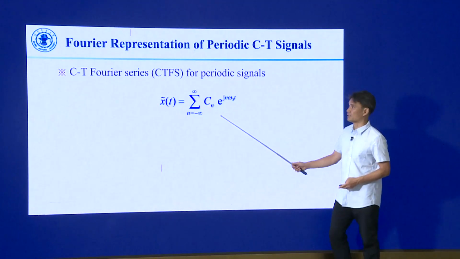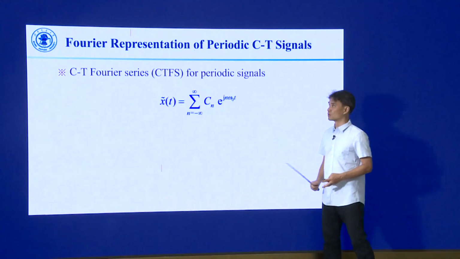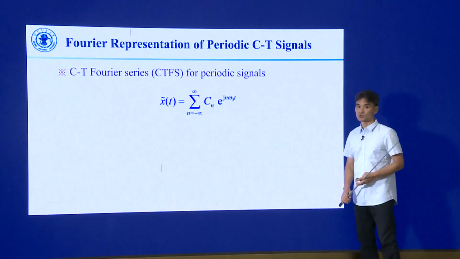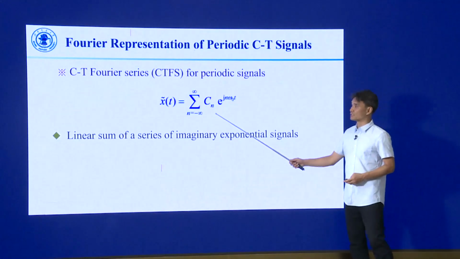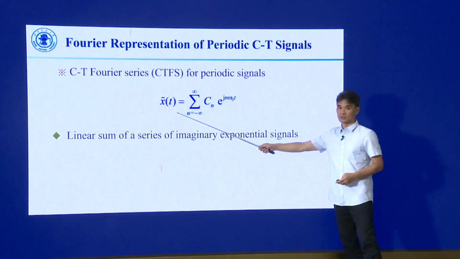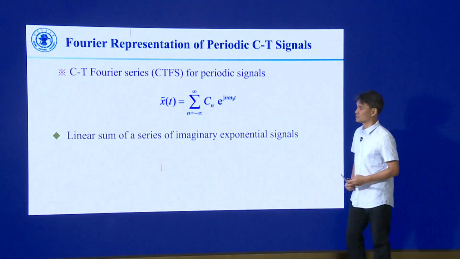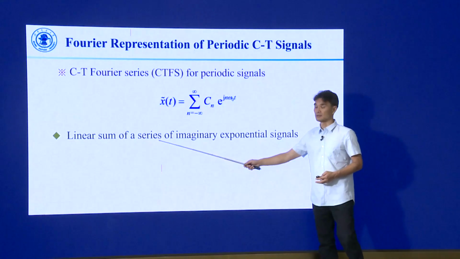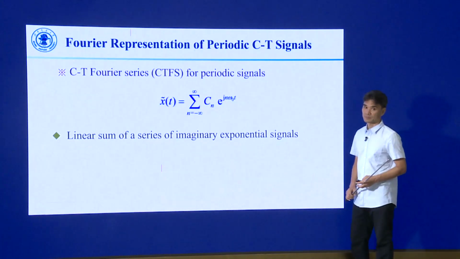This is defined as the continuous time Fourier series, or CTFS in short. The explanation of this equation is that any periodic signal, subject to certain conditions, can be decomposed as a linear combination of a series of imaginary exponential signals.